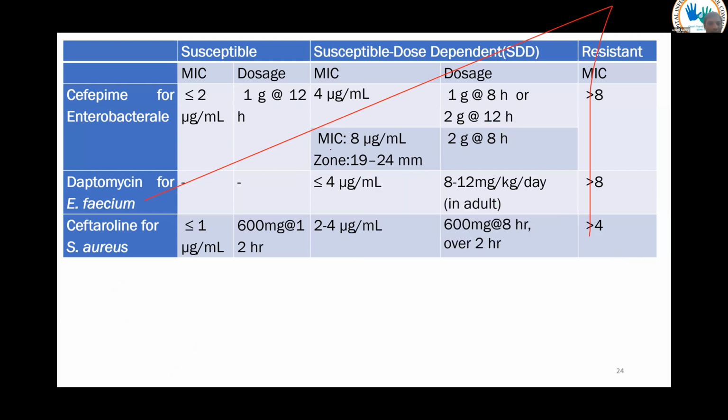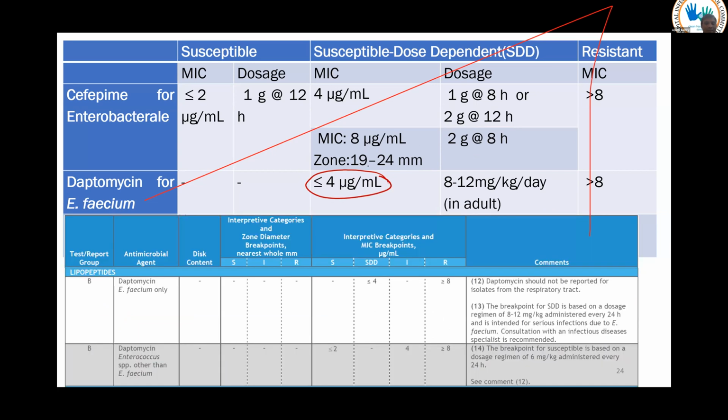Daptomycin for E. faecium is another example where an MIC of 4 microgram denotes that it is SDD breakpoint. In such case, you have to give an increased dose. Of course enterococcus will be discussed again in gram positive, but you see here that daptomycin for E. faecium has an SDD breakpoint.